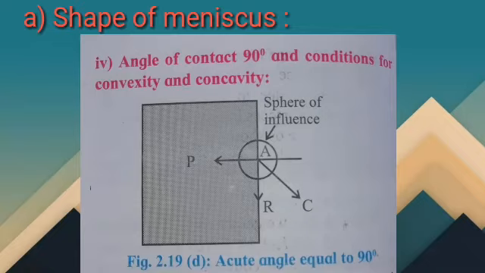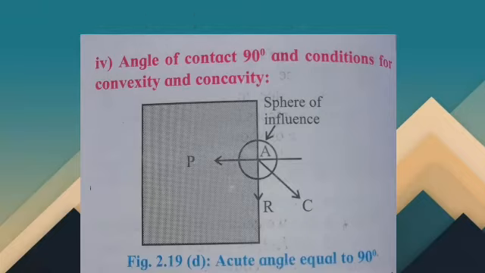Condition for acute and obtuse angle of contact: for an acute angle of contact, AP is greater than AC by root 2, and for an obtuse angle of contact, AP is less than AC by root 2.